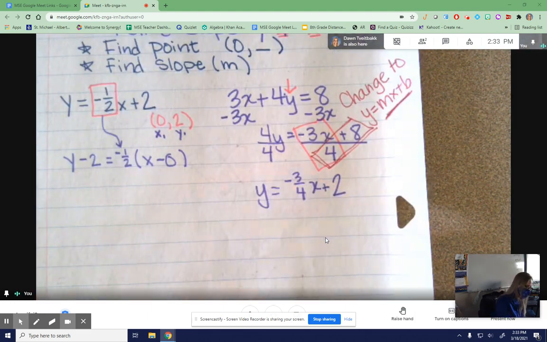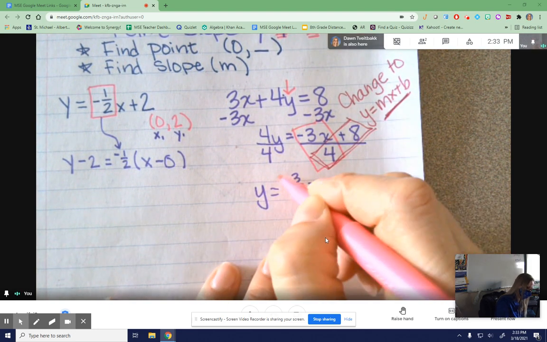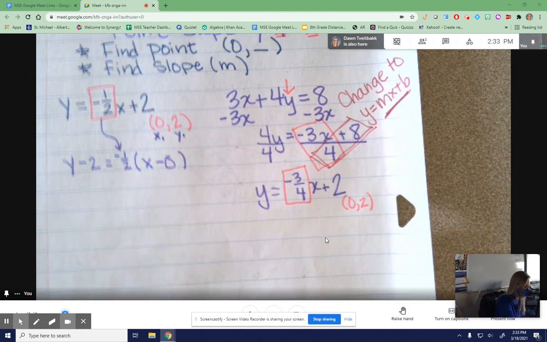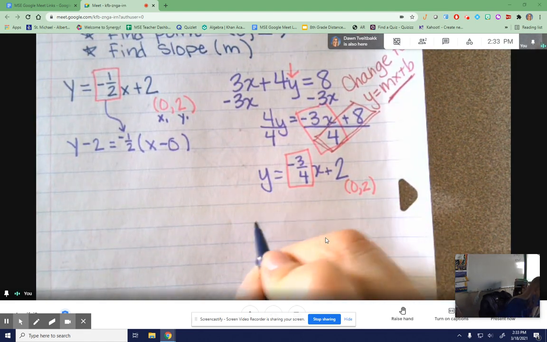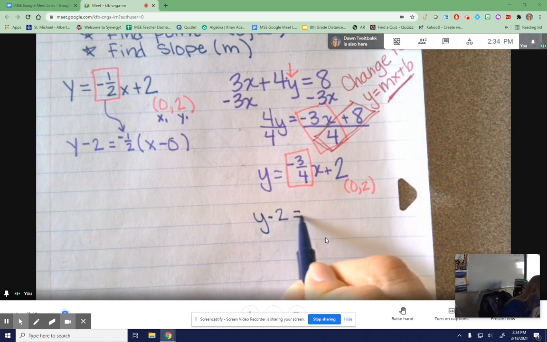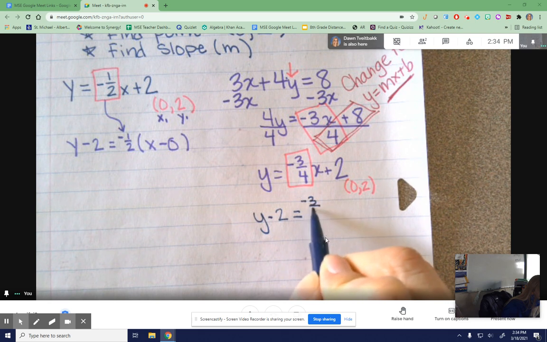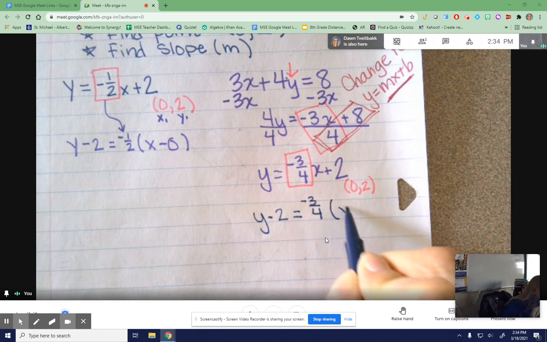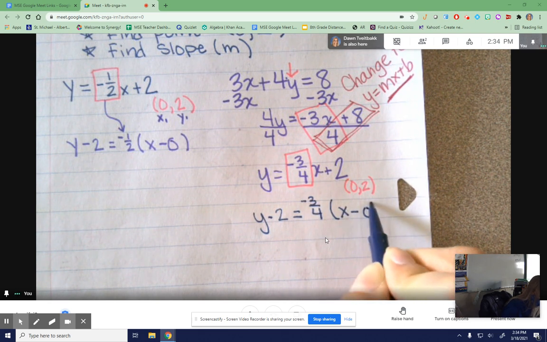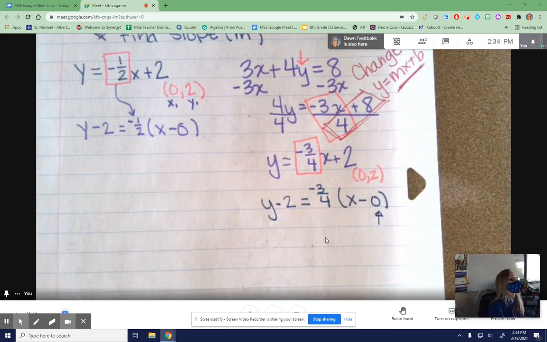So my point is 2, my slope is negative 3/4. So y minus what? Equals negative 3/4 times x minus 0. By the way, this will be the same number on every single problem because of the way we're doing them.